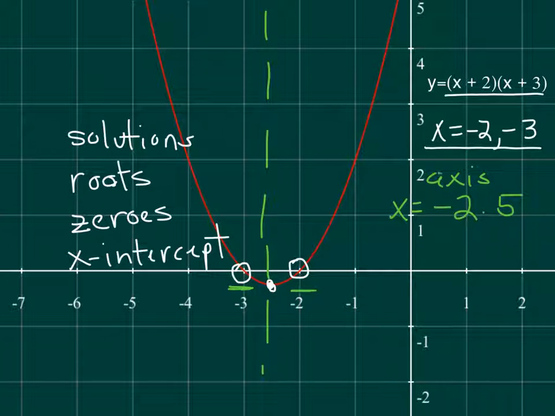So we can easily find that from this form, because we can simply cut the distance in half between those 2 points. So x equals -2.5, and now we can also find the vertex simply by taking -2.5 and substituting it back into our original equation, or into our factored form.